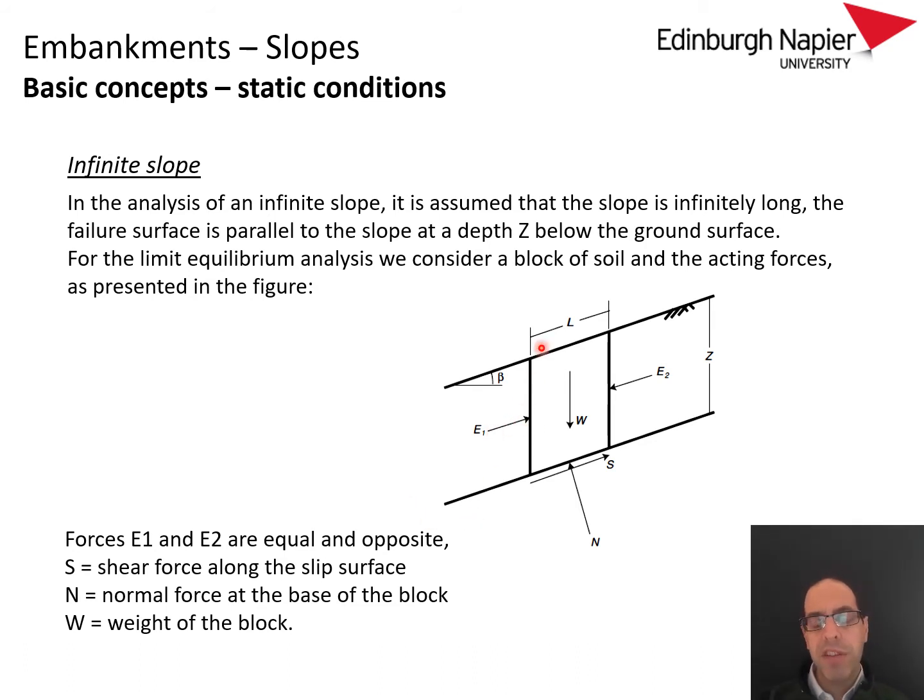We are looking at forces acting on that sliding block that repeats infinitely in the upstream or downstream direction. In there we have the self-weight, a reaction normal force, the shear strength of the soil on the sliding surface that we assumed at a certain depth z, and between blocks we have these interslice forces E1 and E2, which are equal and opposite.